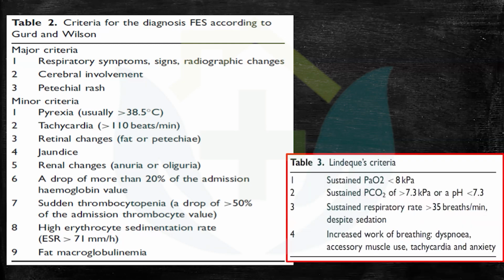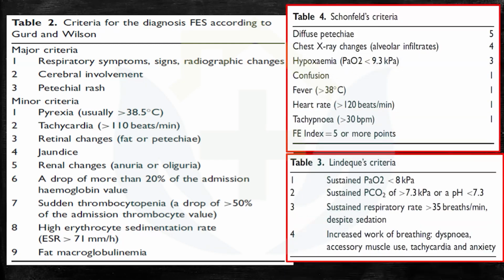The other criteria which are also used are Lindeque's criteria and Schonfeld. The Schonfeld and the Lindeque are important because they have a PO2 level. Hypoxia is categorized as PO2 less than 9.3. In Schonfeld, they have given particular scoring marks to particular symptoms. If you have petechiae, you have the highest mark of 5.